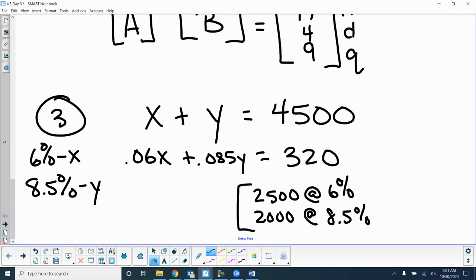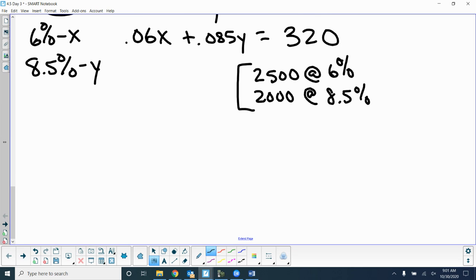Here's a mixture problem. Okay, we went over a mixture problem yesterday, didn't we? I believe we did, with the hydrochloric acid one. All right, so this time we're mixing cashews and raisins. A grocer mixed cashews worth $3.75 a pound with raisins worth $3.15 a pound to make a 12-pound mixture worth $3.55 a pound.